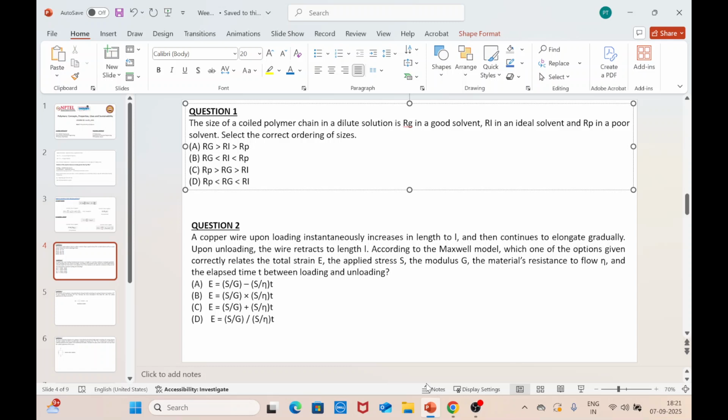Is it that the radius, or you can say the size of the polymer in the good solvent is less compared, I mean, which one will have the greater size and which one will have the smaller size? This we have discussed in the last session as well.